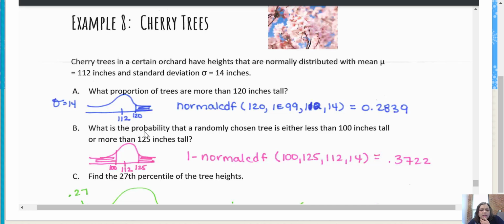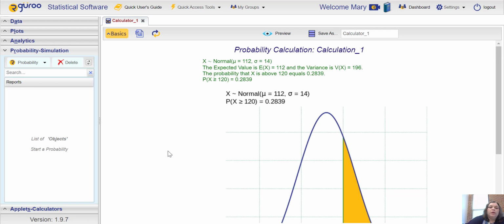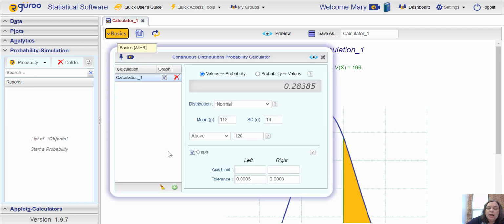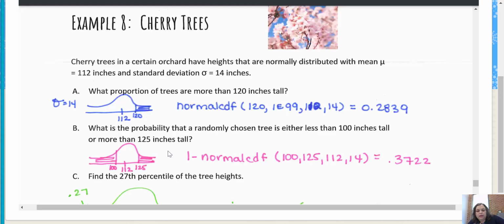The second one said, what is the probability that a randomly chosen tree is either less than 100 or more than 125? So we had to find the area in the middle and then subtract that from 1. But check out Rguroo. So we want less than 100 but more than 125. So we'll go back to basics. And we're going to do the outside: the lower tail is 100 and the upper tail is 125. So outside of 100 and 125. Just make sure. Yeah.